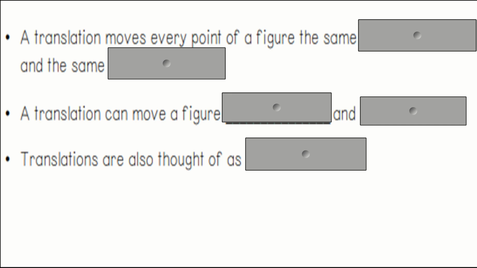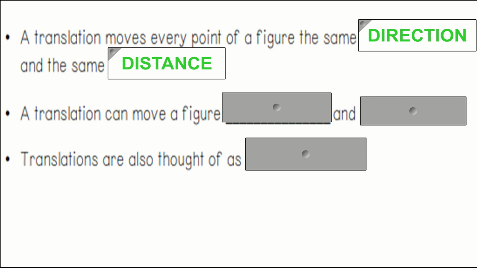So when we have a translation, it moves every part of a figure the same direction and the same distance.